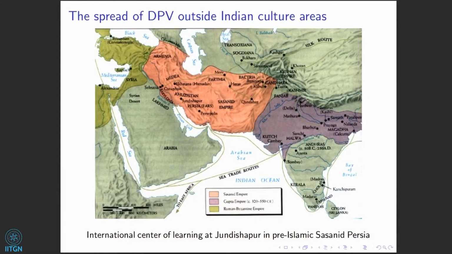And the nexus of transmission seems to be the pre-Islamic Persian Empire, the Sasanians, particularly Jundishapur here, a well-known ancient center of learning in pre-Islamic Persia, and as you can see, very strategically located for transmission to and interaction among people from all parts of South and West Asia.